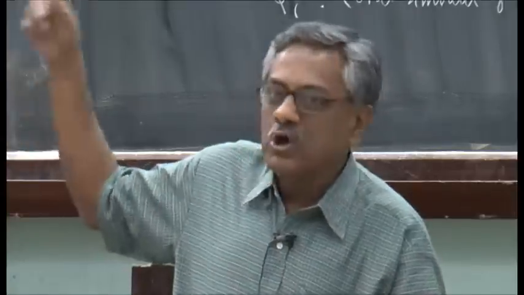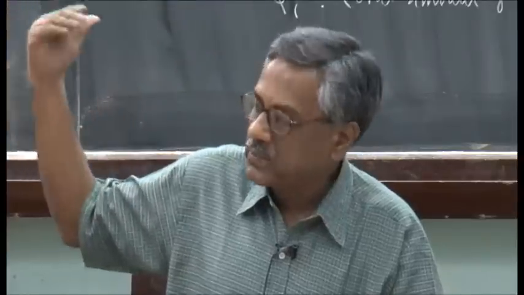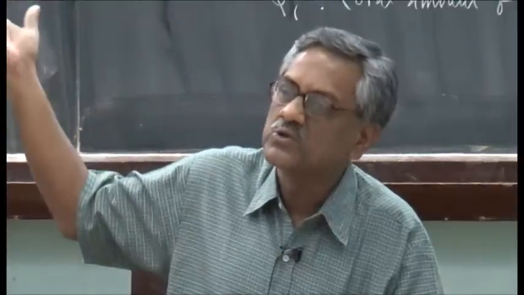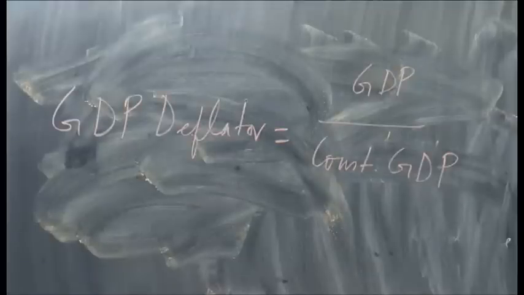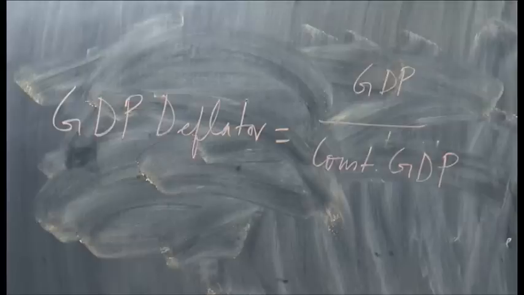And then we arrived at constant GDP and the current GDP, or simply GDP at current market prices, which we already have. And then we arrived at the GDP deflator, which I'm saying is the measure of prices in the country.